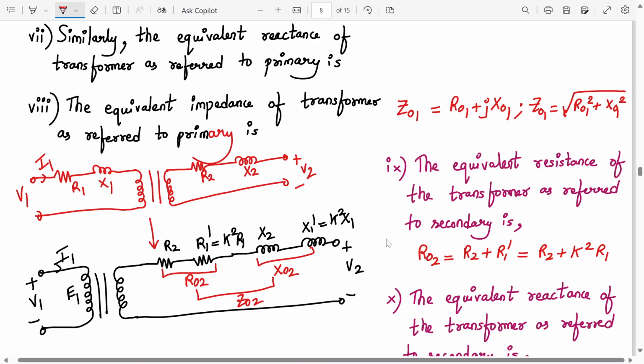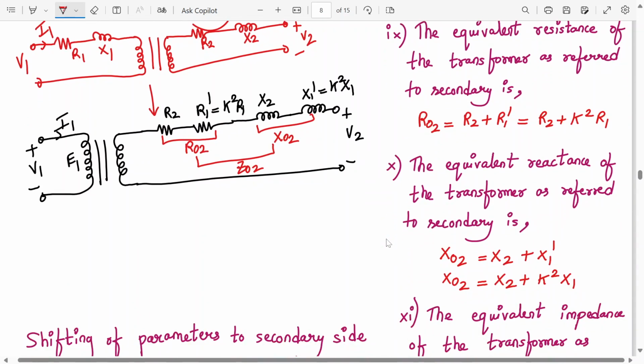RO2 will be R2 plus R1 dash, which is R2 plus K square R1. That is called the equivalent resistance of the transformer as referred to the secondary. Then the equivalent reactance of the transformer as referred to the secondary will be given by XO2, which is X2 plus X1 dash, that is X2 plus K square X1.